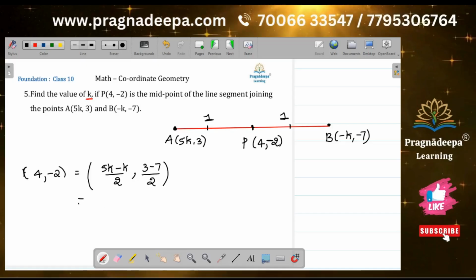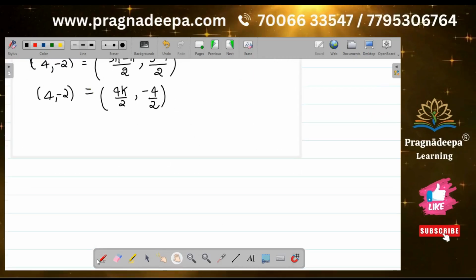This will be equal to 4k by 2, and minus 4 by 2. So here we have 4, minus 2 equal to 2k, minus 2.